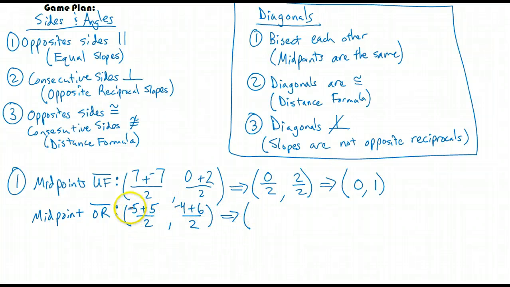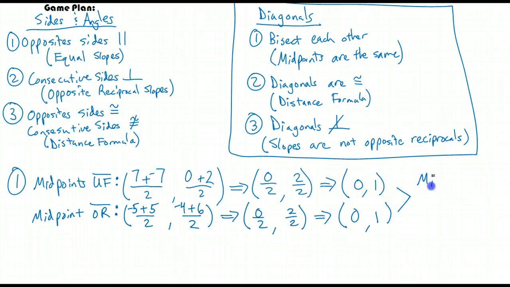And then do that math. Negative 5 plus 5 is 0. Negative 4 plus 6 is 2. Simplify my fractions. 0 divided by 2 is 0. 2 divided by 2 is 1. So this shows that my midpoints are the same. Which means that my diagonals have to bisect each other.